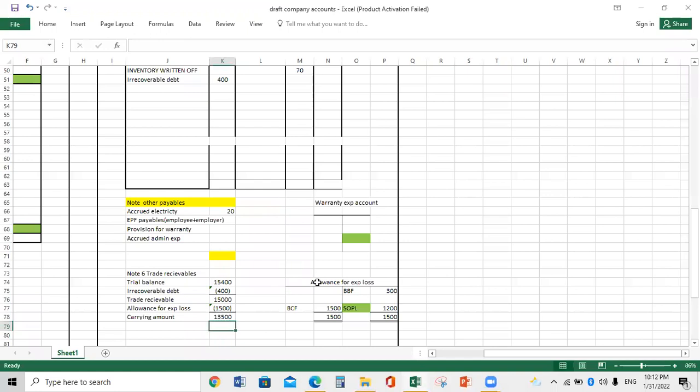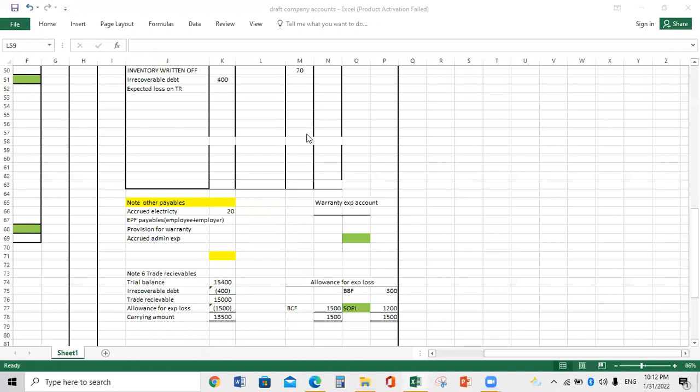So guys, see here, you have to transfer this to statement of profit or loss. When you transfer to statement of profit or loss, is it an expense or a reduction in expense? Here, credit means statement of profit or loss is debit.